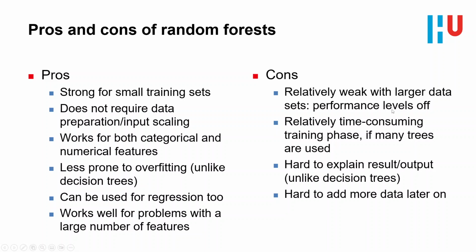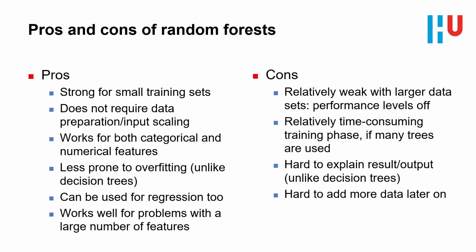It's relatively weak with larger data sets, the performance levels off, and the training phase can take a lot of time if many trees are used, which is kind of logical because you're using 200 times one tree. Especially for random forest, it's relatively hard to explain the result and the output.